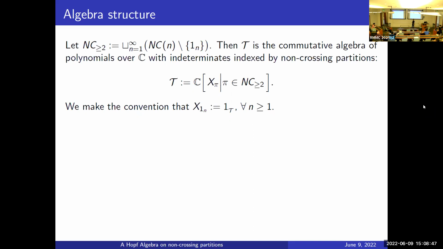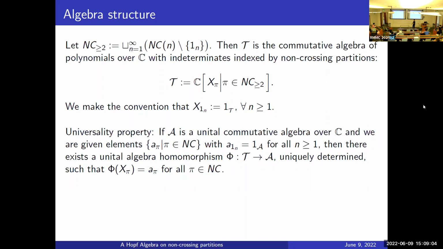You can also think of an indeterminate for a partition with 1 block, but if you consider those, you want to identify all of them with the unit of the algebra. And the algebra, I call it T.